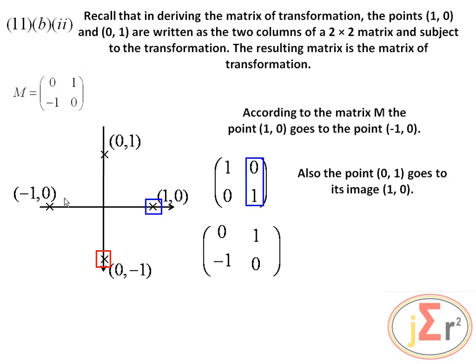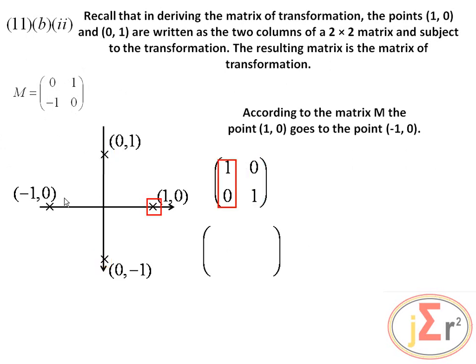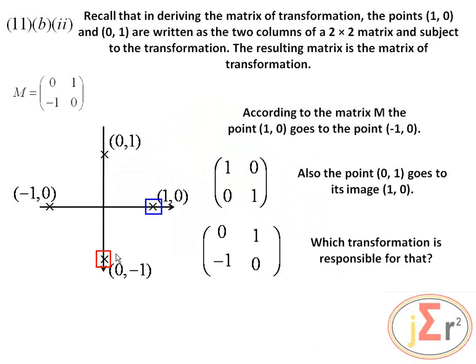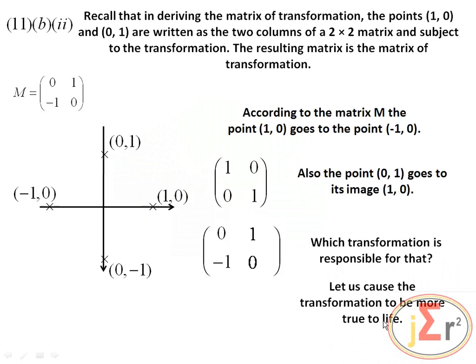So notice what's happening. (1, 0) goes to (0, -1), as we have right here, and (0, 1) goes to (1, 0). Which transformation is responsible for that? It will cause this one to come down here and this one to go over there. Let us do it again.